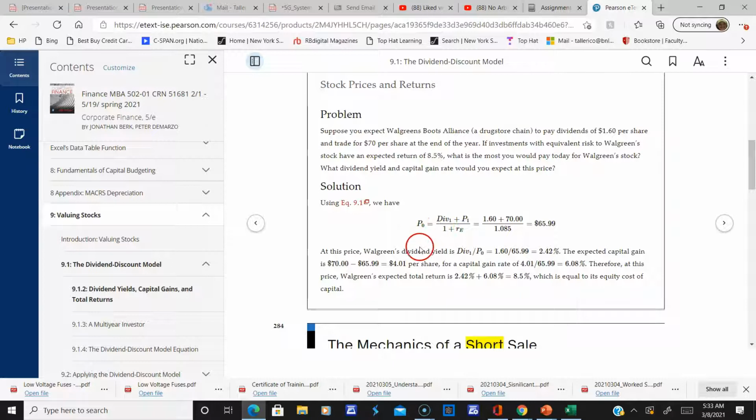Walgreens' dividend yield is 2.42%, and the capital gain rate is 6.08%. So their expected total return is 8.5%, which is the number here, and it comes out to that.